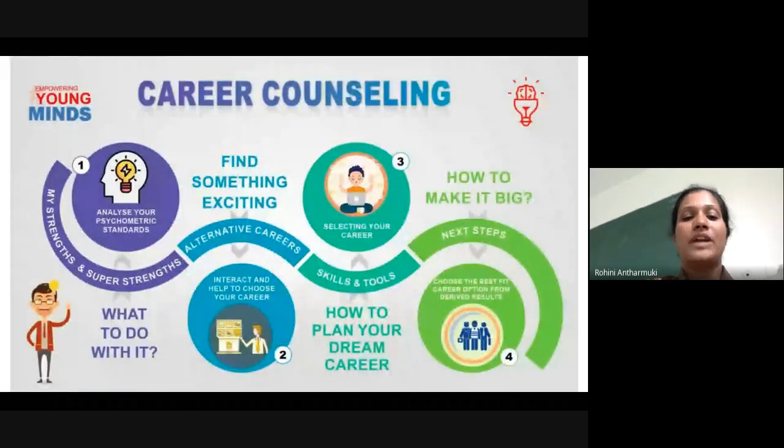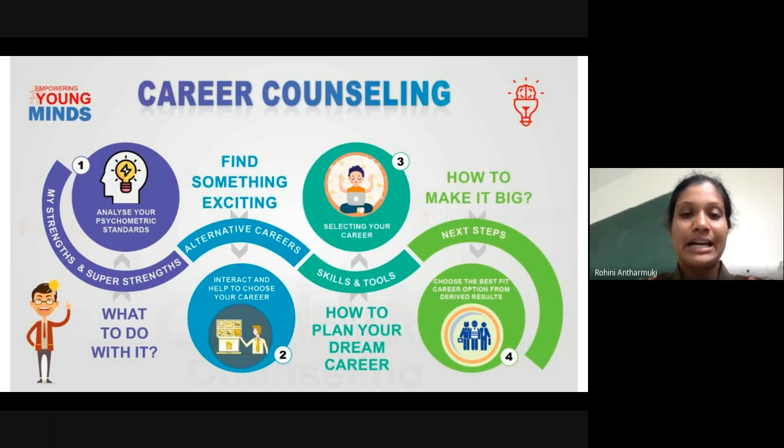To be specific on career counseling, we have these four main big topics. They can realize what their strengths and super strengths are by analyzing the psychometric standards. Alternative careers, they can find out what different careers are available in the same kind of field. What I mean is, science is a vast field.